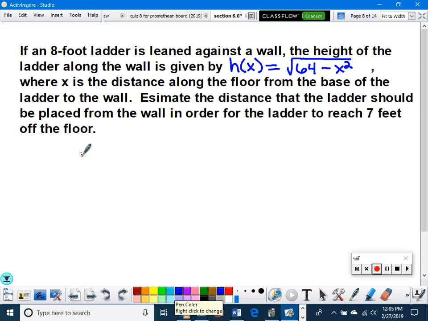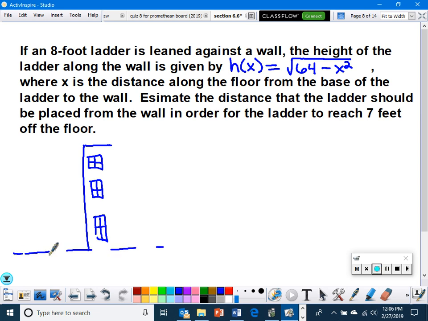So let's imagine we've got a building. Here's a building, with some windows in it. Here's our wall, here's the ground. We're going to lean a ladder against it.